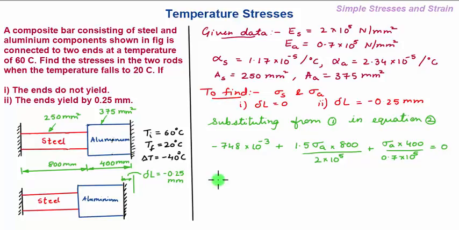Upon solving this, the only unknown here is sigma A, so we get the value of sigma A as 63.85 Newton per mm square, which is positive, so it is tensile stress.